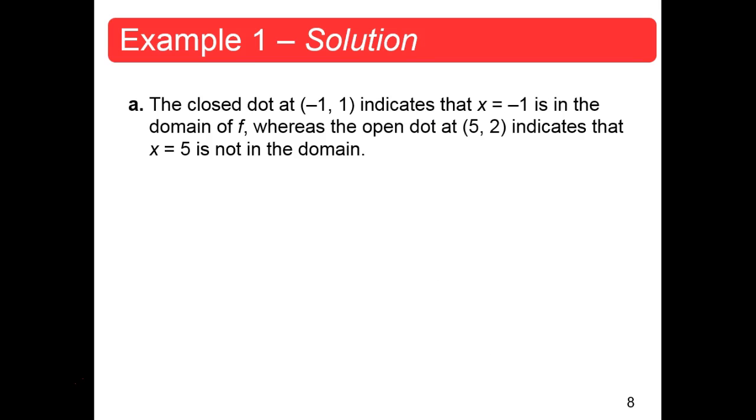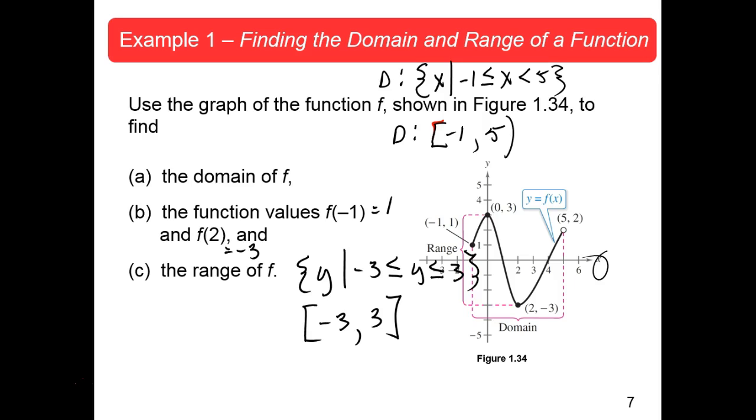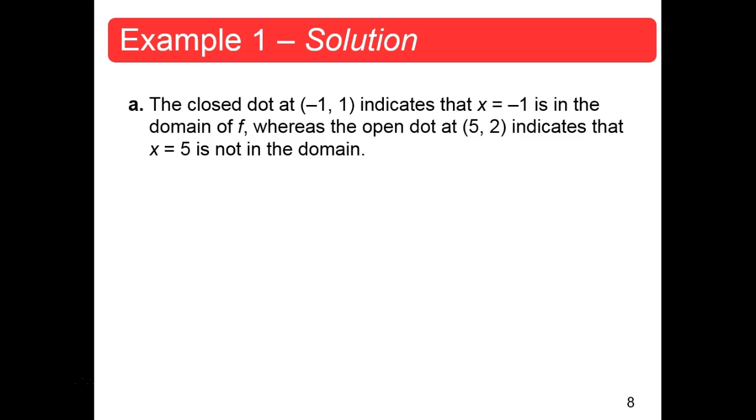Let's see how they did it. The closed dot, now they go back to their graph, and you see there is a closed dot here at negative 1, so that means that is in the domain, so when x is negative 1, the y value is positive 1. Their explanation here leaves a little bit to be desired.